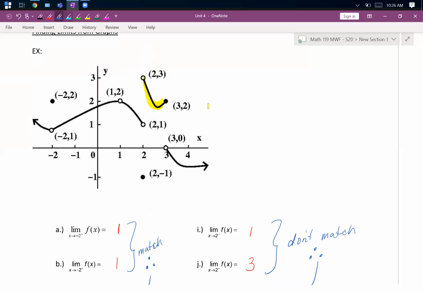Here's where 3 is, so we're only looking at the part that is to the left. And what's that y value we're getting close to? On the left side, we're getting close to 2.